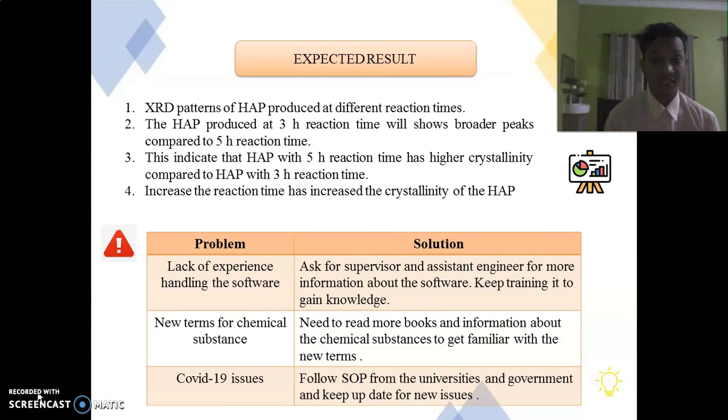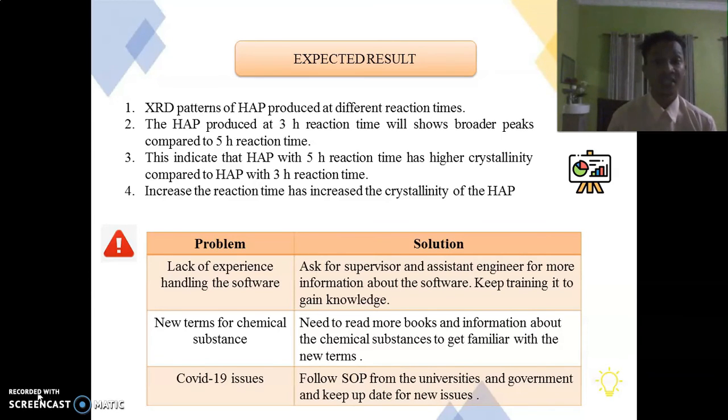Expected result. So I will explain the expected result for this research. This work aims to obtain these major significant results, including XRD patterns of hydroxyapatite produced at different reaction times. Second, the hydroxyapatite produced at 3-hour reaction time will show broader peaks compared to 5-hour reaction time.